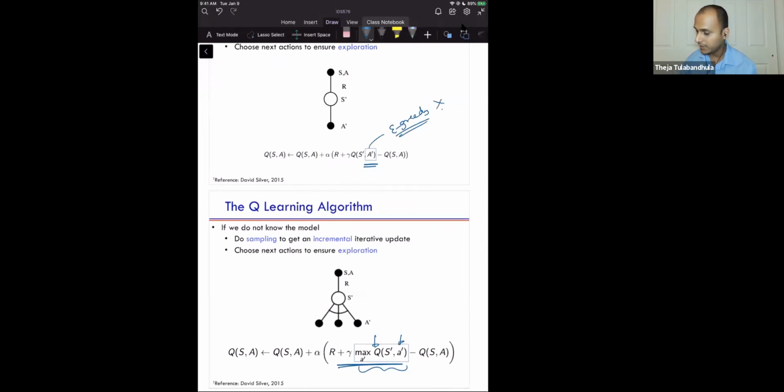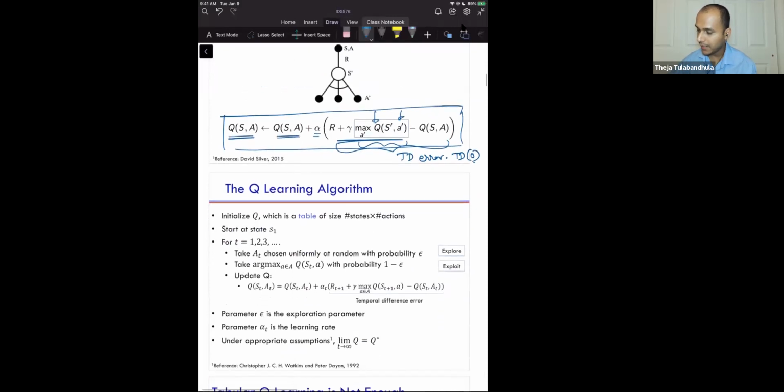Okay, so this is the Q learning update, which is what we saw in our algorithm. Basically, take the old value and add to it an alpha times what is called a TD error. It's actually called TD0 error, but it's fine. So we'll just call it TD error. So you do this update.